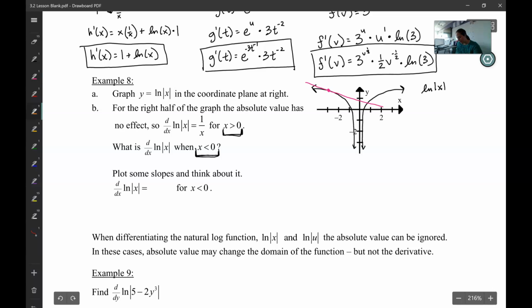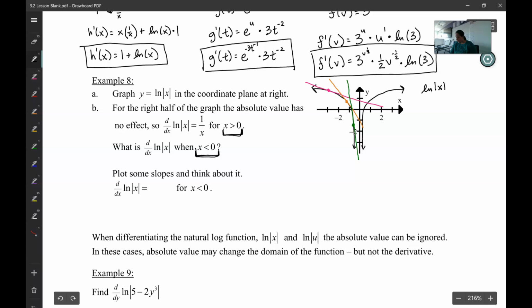Let's try another one. Here's that slope. And then we'll do one more. What do you notice all these slopes have in common? They're all negative. They all slant downward. All of these slopes are negative.